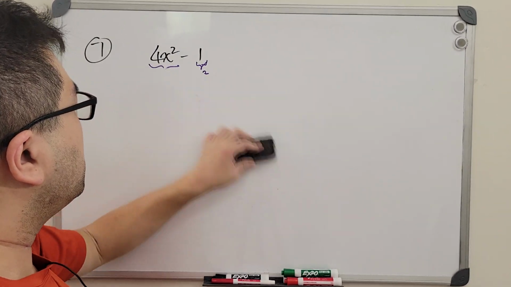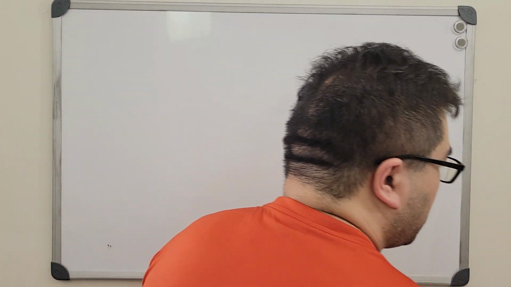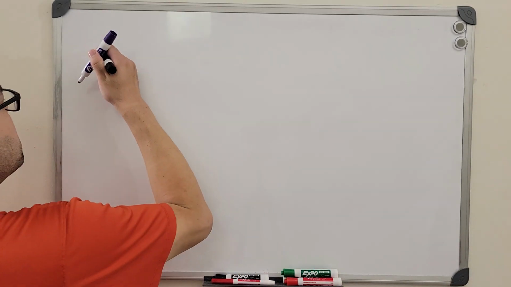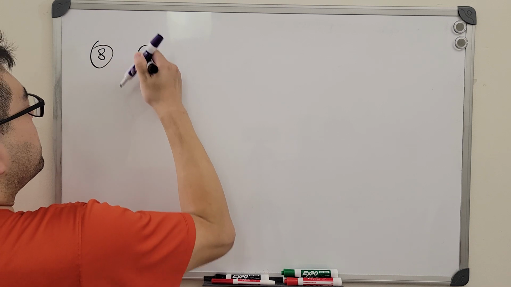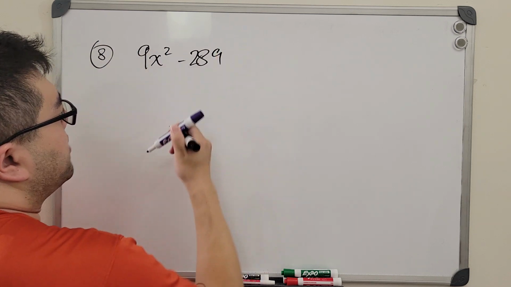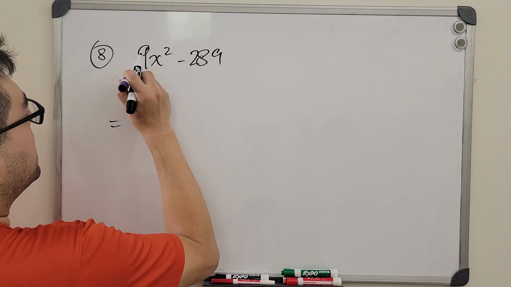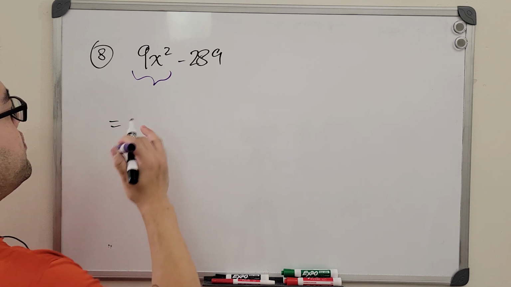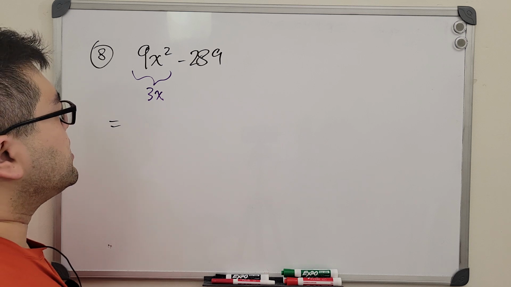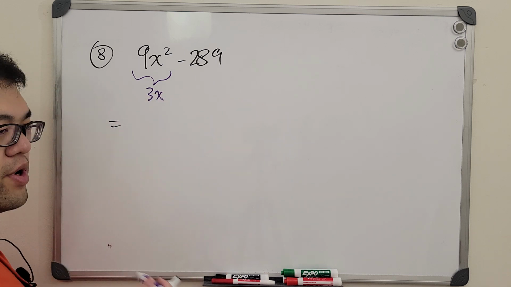Okay, then next we have 9x squared minus 289. So how do we do it? Again, our a would just be the square root of 9x squared, which is 3x. That's just saying that 3x times 3x gives us 9x squared. How do we know?